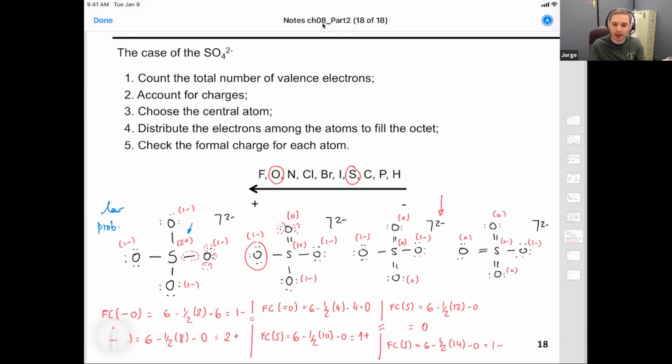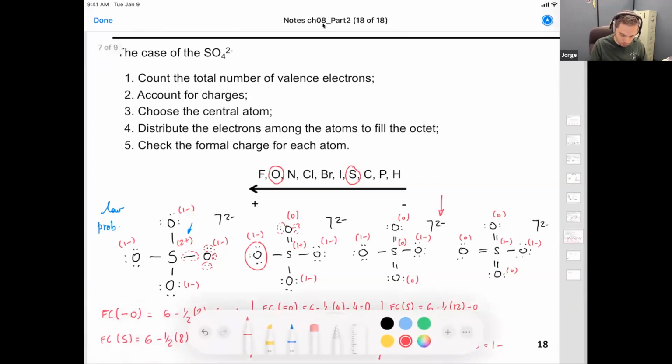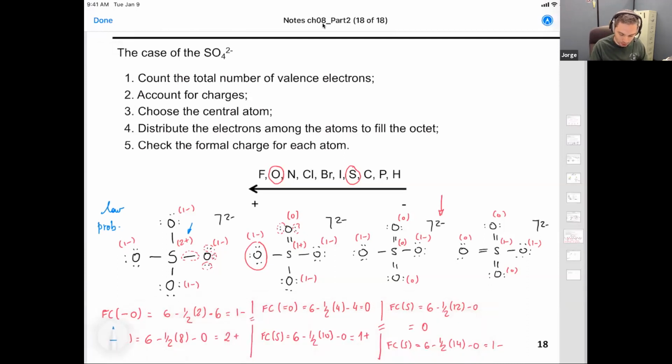However, now we have a negative charge at the least electronegative atom in the chemical bond. So therefore, this will not be a stable structure. The fourth structure has low probability to happen because we have a negative charge at the sulfur, which is the least electronegative atom in the chemical bond.